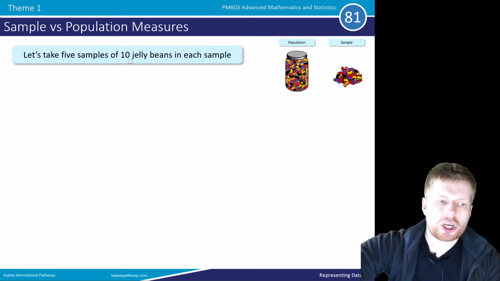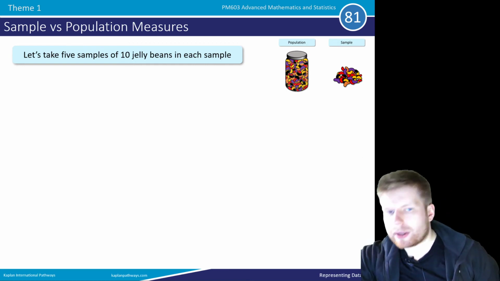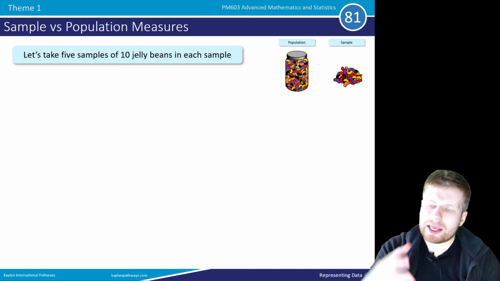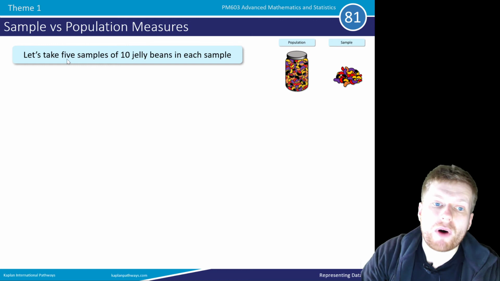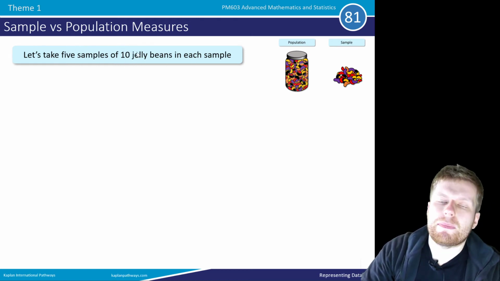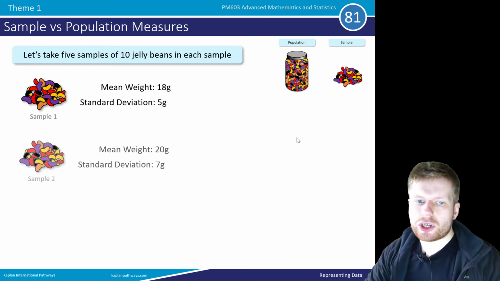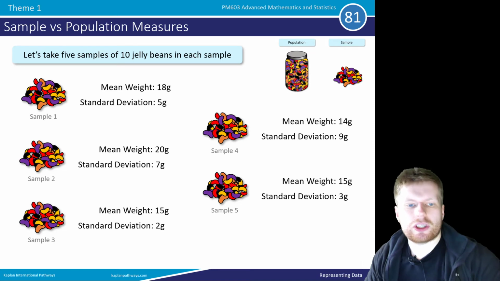In other words, I go into the jar and take a handful out, and in the handful there are 10 jelly beans. Then I go again, take another handful out, 10 jelly beans, and I keep doing that 5 times. So it'll be 5 handfuls of 10 jelly beans. Okay, so what I can do is calculate the mean weight of the sample and the standard deviation of the sample.